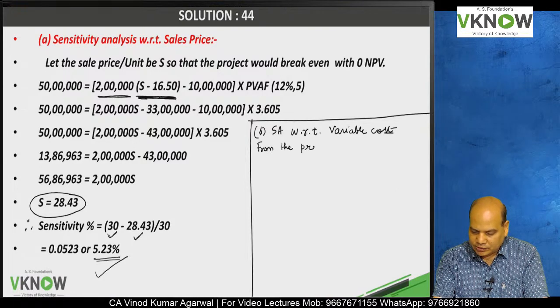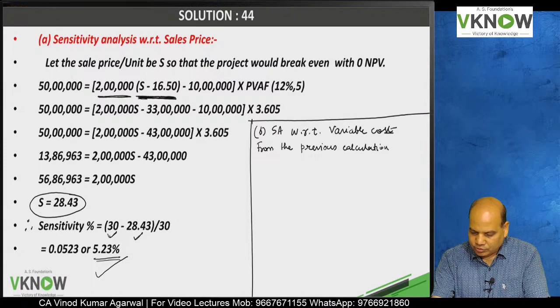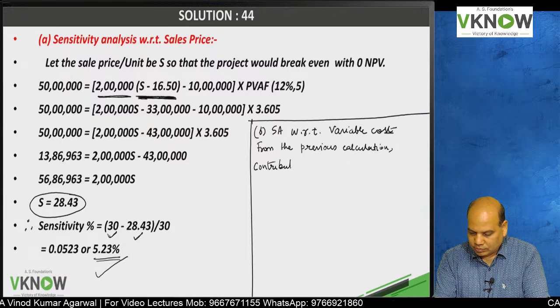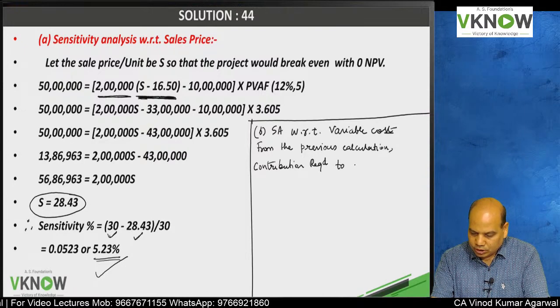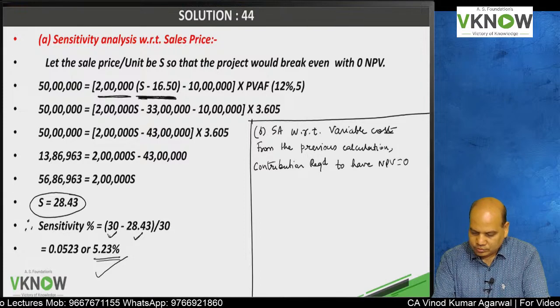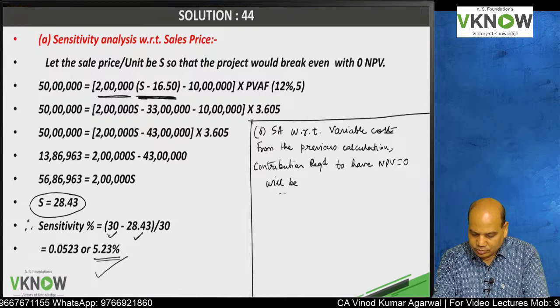From the previous calculation, contribution required to have NPV equal to 0 will be: selling price originally was 30.